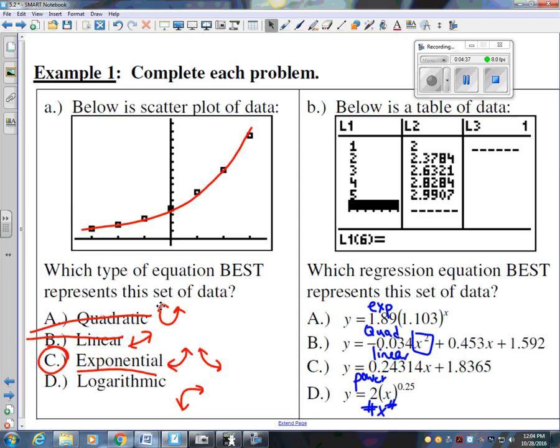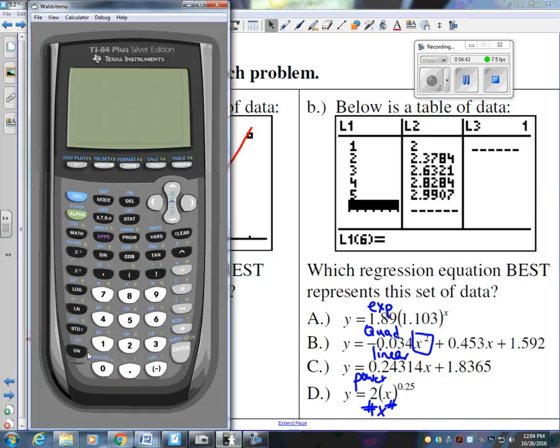Okay. All right, so what we need to do is go to stat in the calculator, and edit, and put in this data. So 1, 2, 3, 4, 5, to 2.3784, 2.6321, 2.8284, and 2.9907.